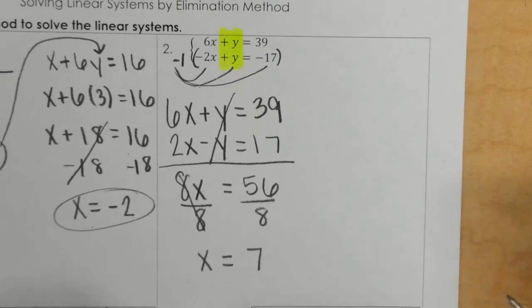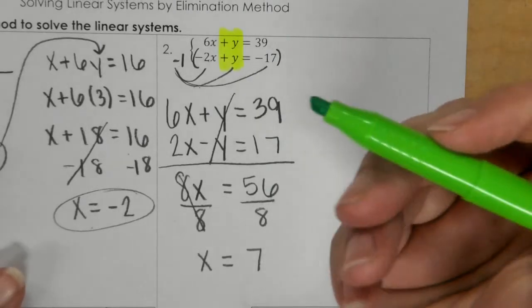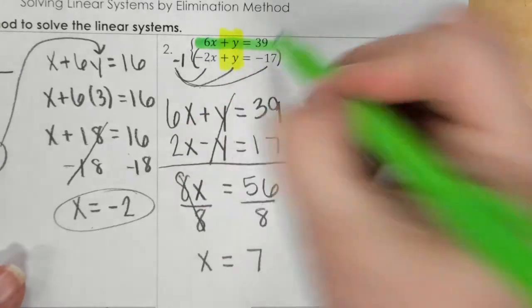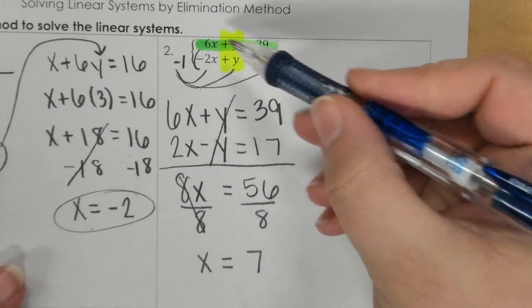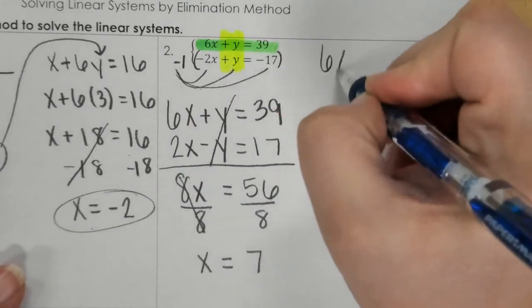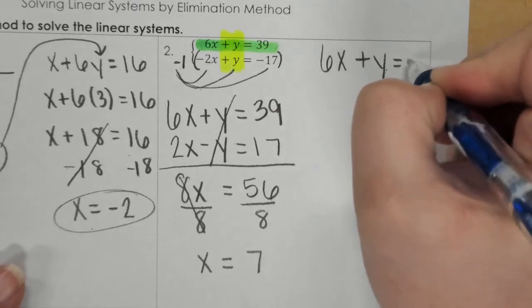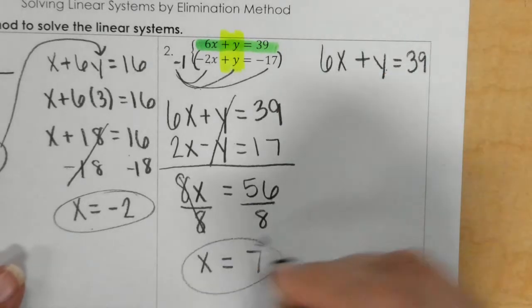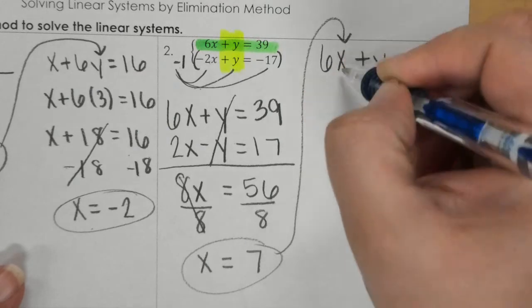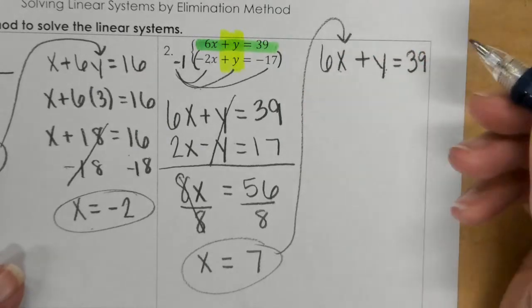Okay, for the second one, to find y, I need to plug back in. So I'm going to use the top equation because it's got positives. So I have 6x plus y equals 39. And if I'm plugging 7 into x, I'd have 6 times 7.